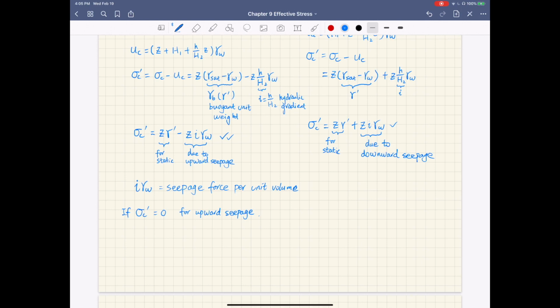This critical condition is when soil loses its stability, and this is referred to as boiling or a quick condition.